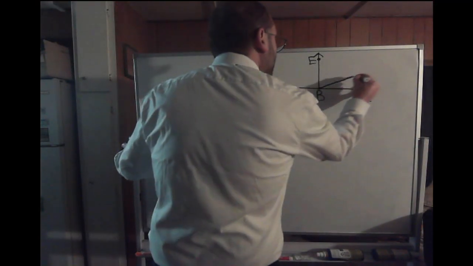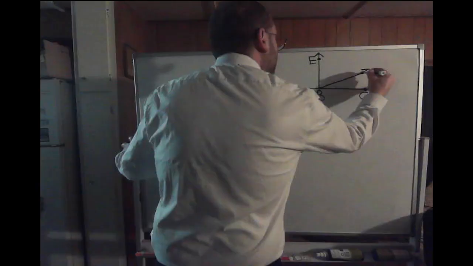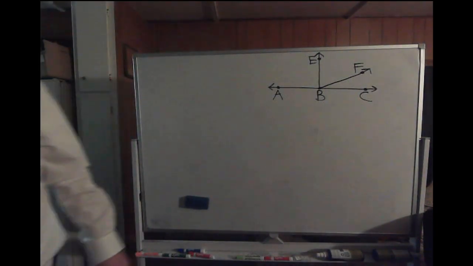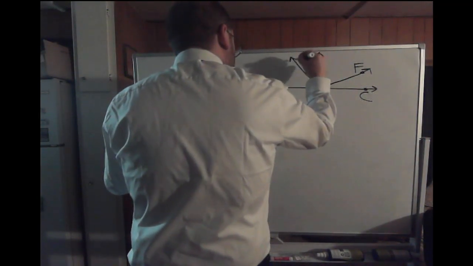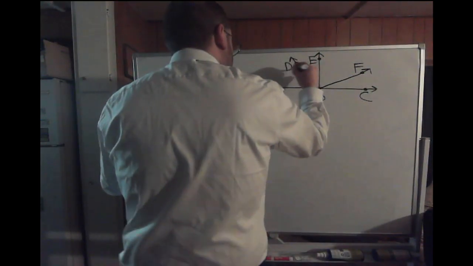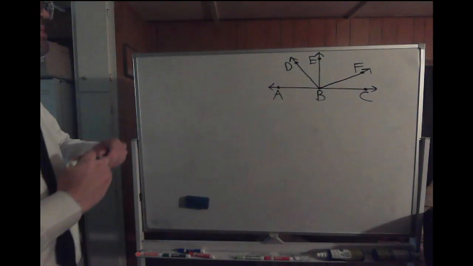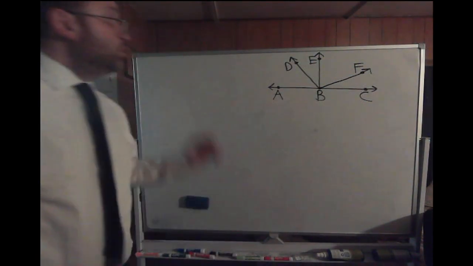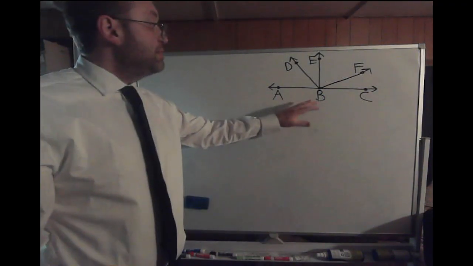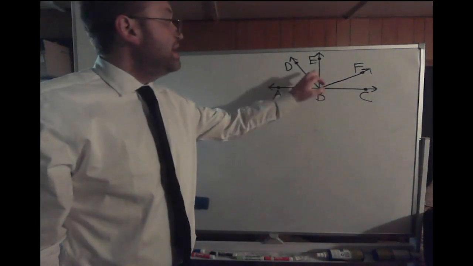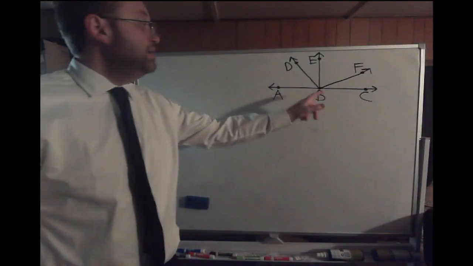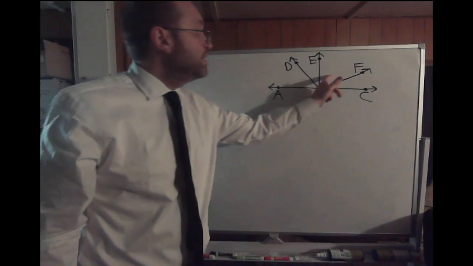Let's see, from here, I got ray BF. That's ray BF there. And then I have one more. Alright, this here is going to be ray BD. Alright, so we have a nice setup here. We have a nice diagram here with line AC, and then we have three rays stemming from point B: rays BD, BE, and BF.